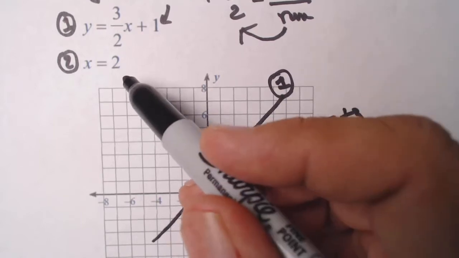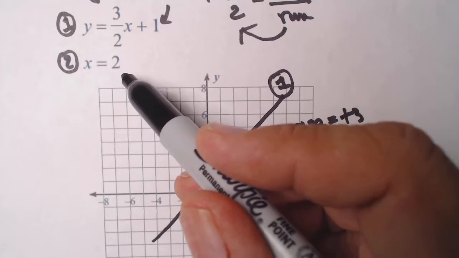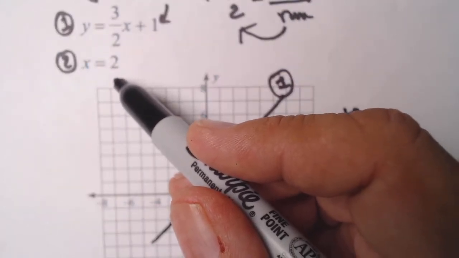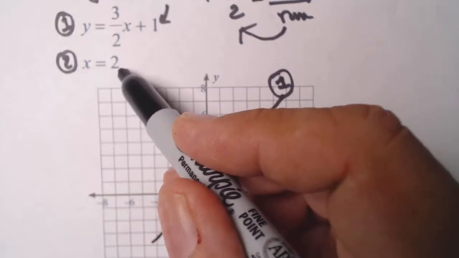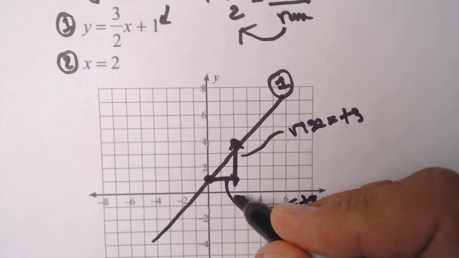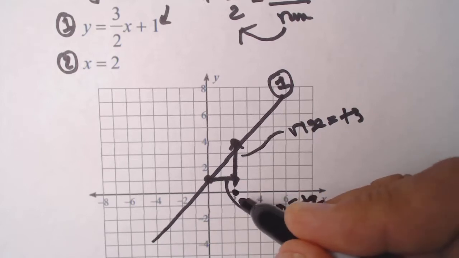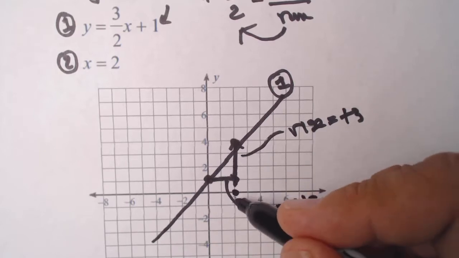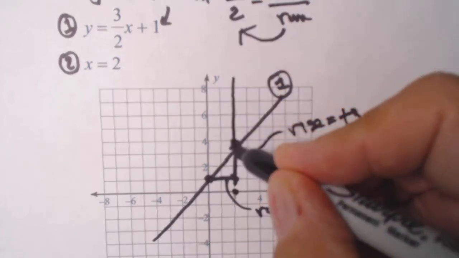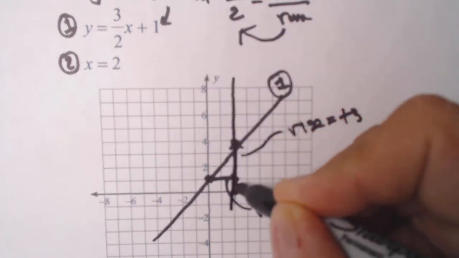Now, equation number 2. Remember, if one of the variables is missing, then it's real easy to graph. We don't have any y's. The only requirement we have is that x equals 2. Well, x equals 2 is right here, and we draw a line perpendicular to the x-axis at x equals 2.